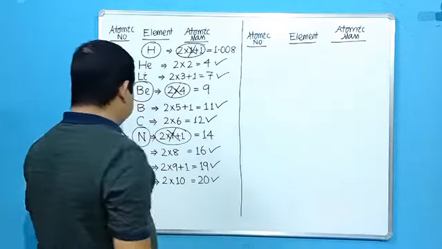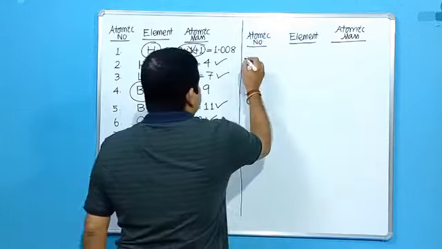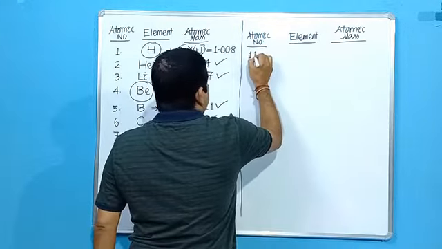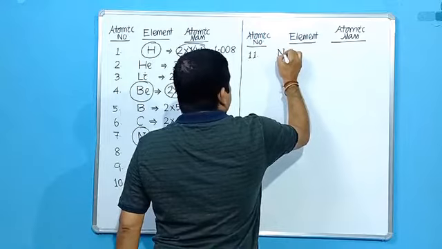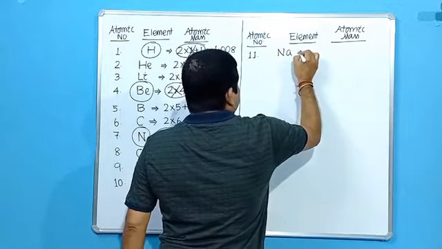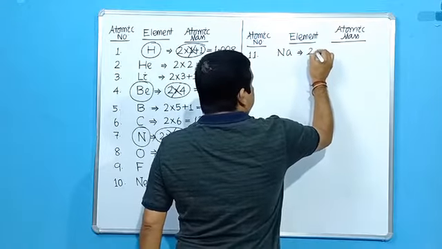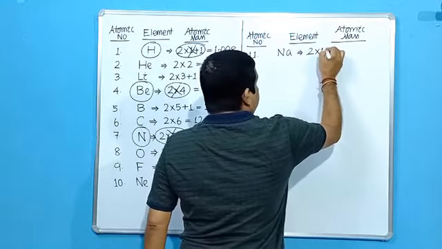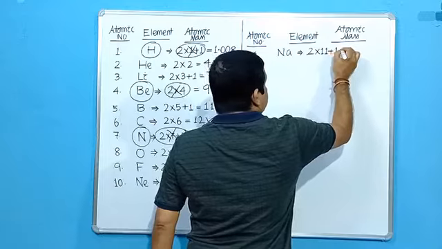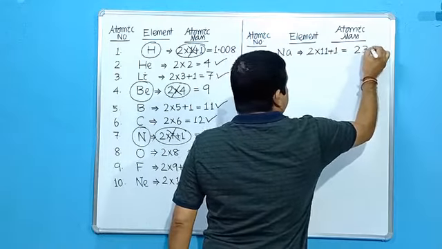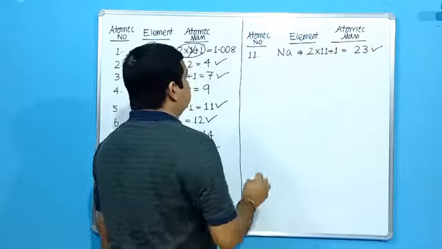We will start with, if this set is up to 10, that means we will start with 11. Atomic number 11 is sodium, Na. So what should be the atomic mass? Now it's odd. So 2 into atomic number 11 plus 1, that is 23. It's correct.